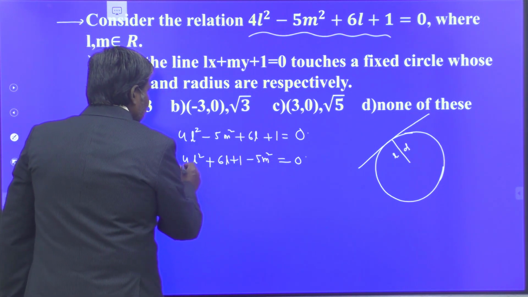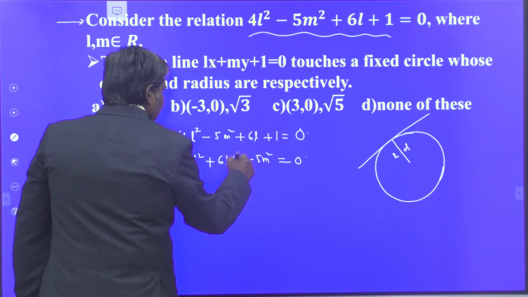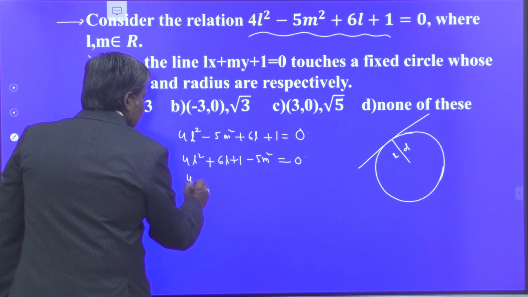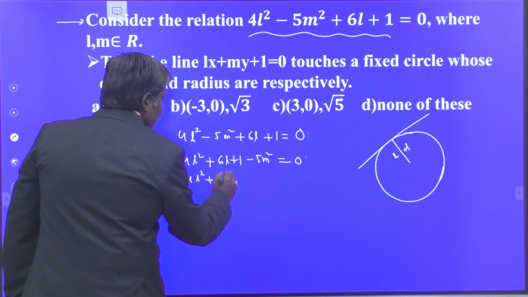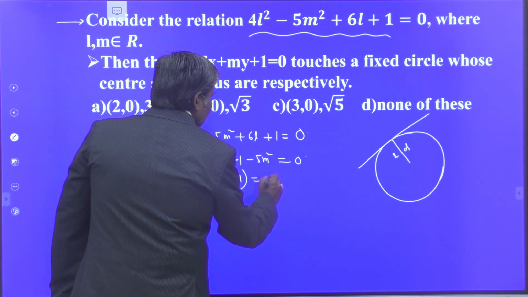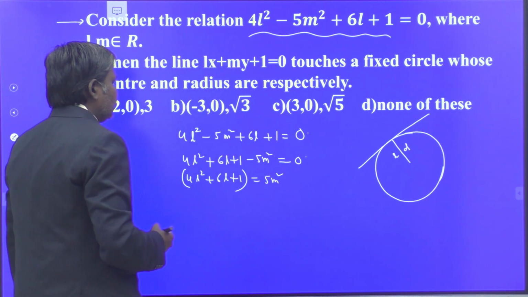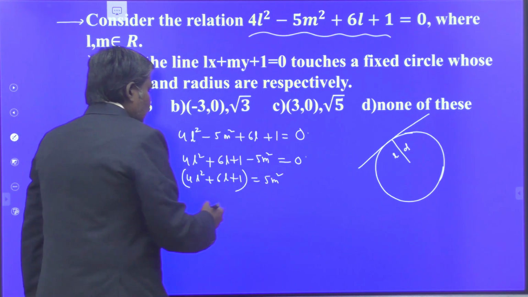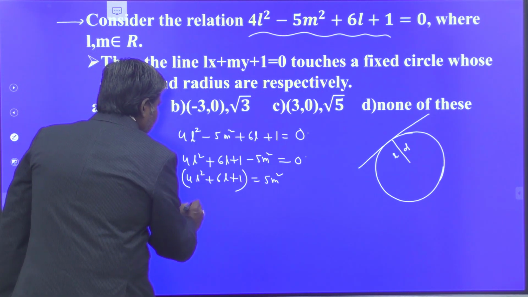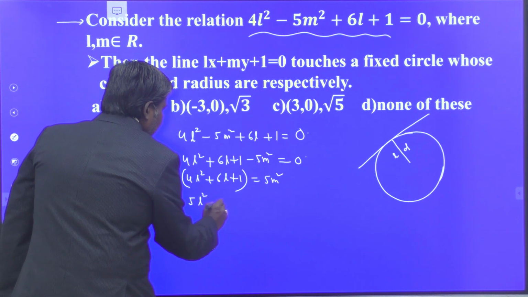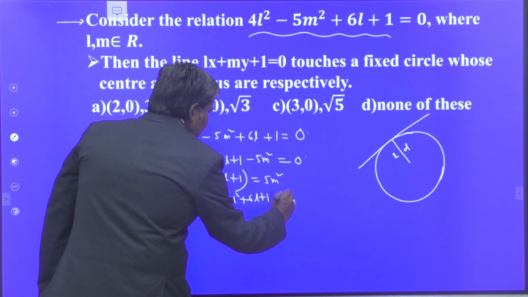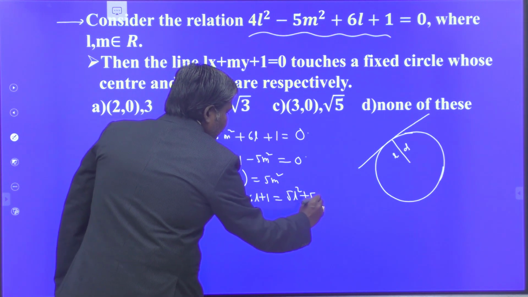Now we have to write the complete square. 4l square plus 6l plus 1 is equal to 5m square. I am writing here 5m square. Just we are adding 5l square on both sides. What happened? 5l square plus 4l square plus 6l plus 1 is nothing but 5l square plus 5m square.